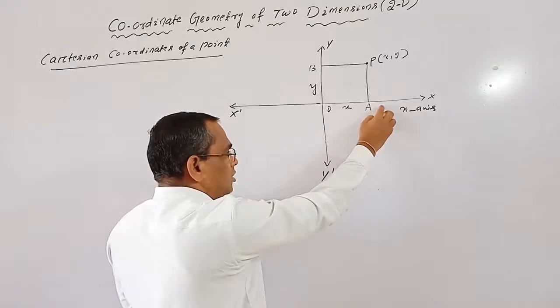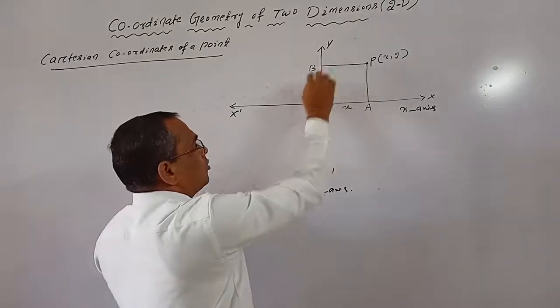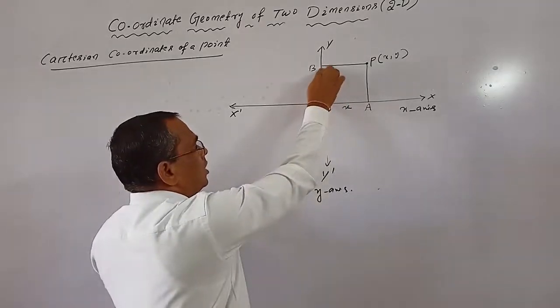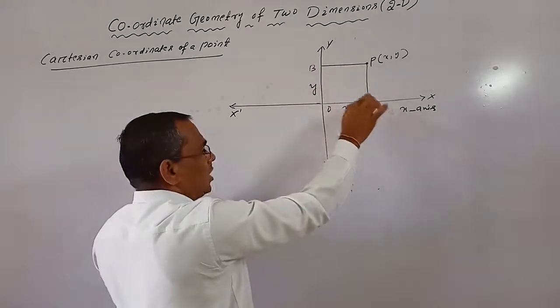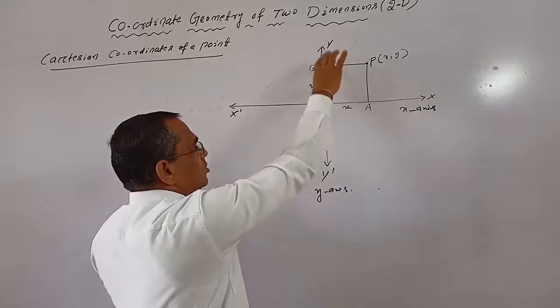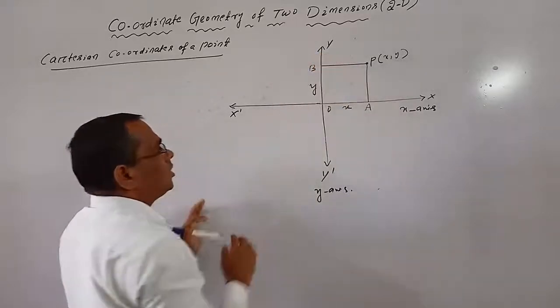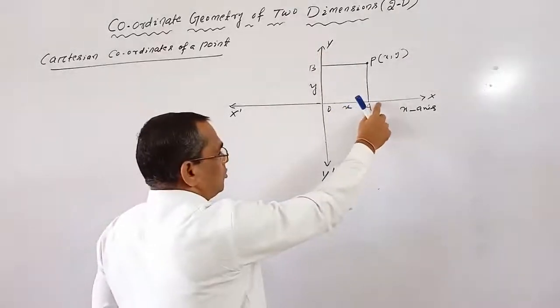So its coordinate is x comma 0, and the coordinate of the point B equal to 0 comma y, because this point is at 0 distance in the direction of x-axis and at a distance y in the direction of y-axis. That's why the coordinate of B equal to 0 comma y and the coordinate of A equal to x comma 0.